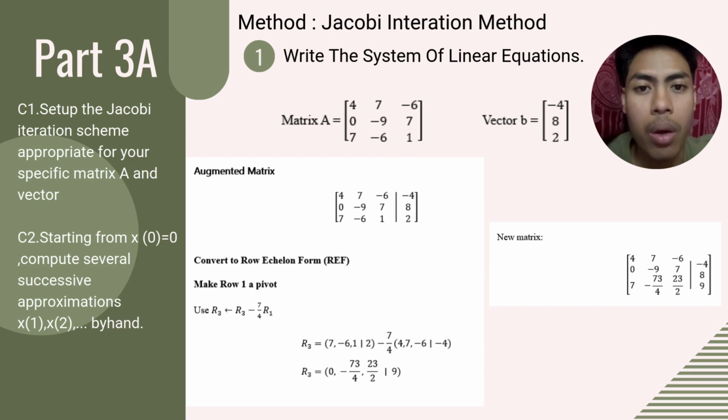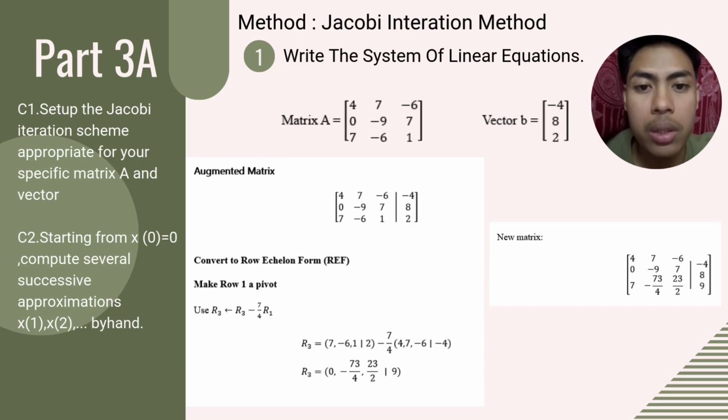properly. After that, we derive the Jacobi iteration formulas where each variable x1, x2, and x3 is expressed in terms of the other variables from the previous iteration.